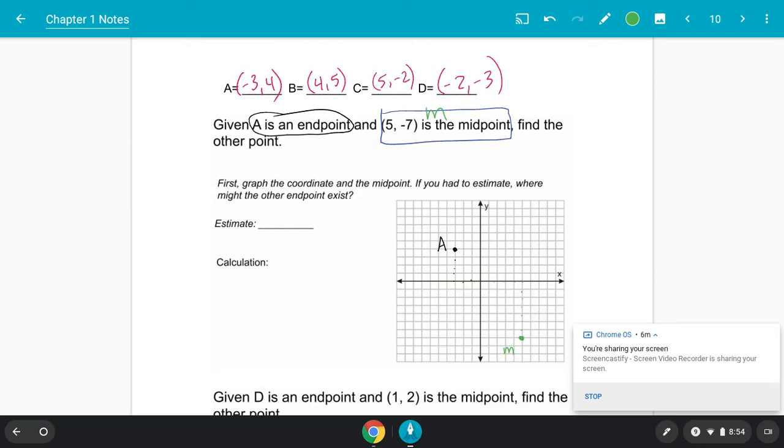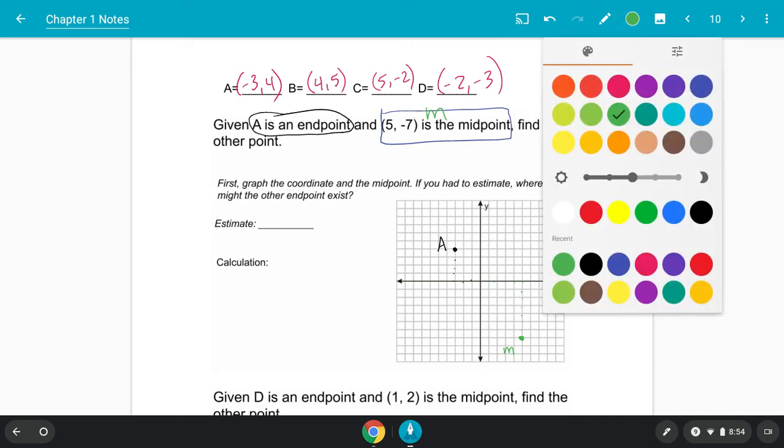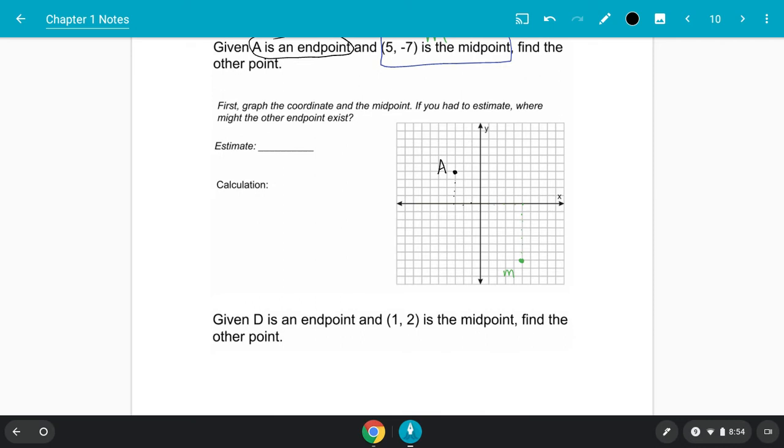There's our midpoint. So what you can see here is that this line is going to be really long. We have this here, and then it's going to go the same distance over to the new endpoint because this is the middle.